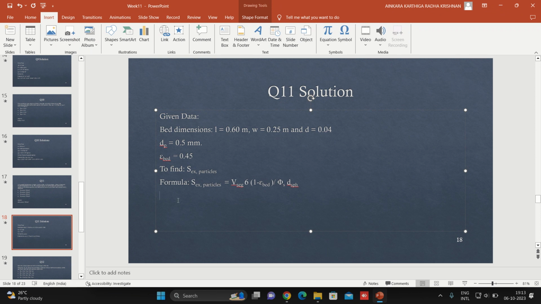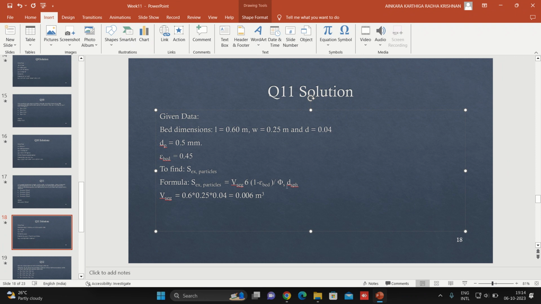First we need to find V segment, that is volume of that particular segment, which is equal to 0.6 into 0.25 into 0.04. So 25 into 4 is 100, so it is 0.006 meter cube.